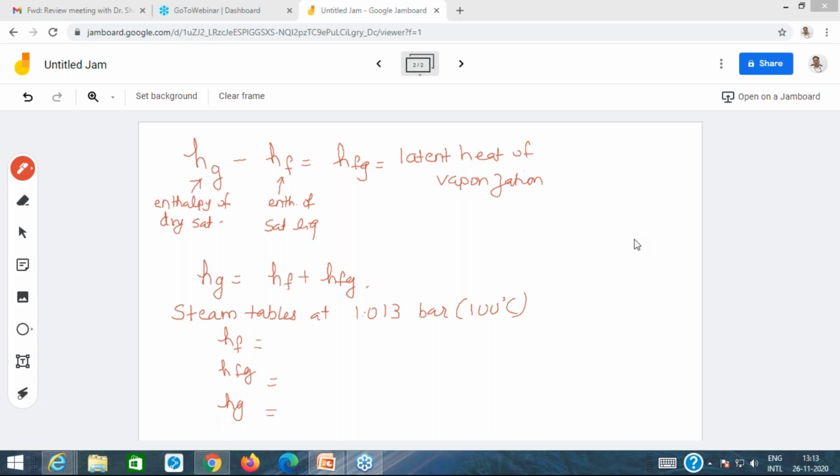Kunal, Neha, Jay, I hope that students have purchased the steam tables. Yesterday few of you have mentioned that you have bought the steam tables. Okay, so hopefully you have the steam tables now with you. And those who have the steam tables, you please tell me the value of Hf, Hfg and Hg from the steam table at 100 degrees centigrade, that is standard atmospheric pressure.